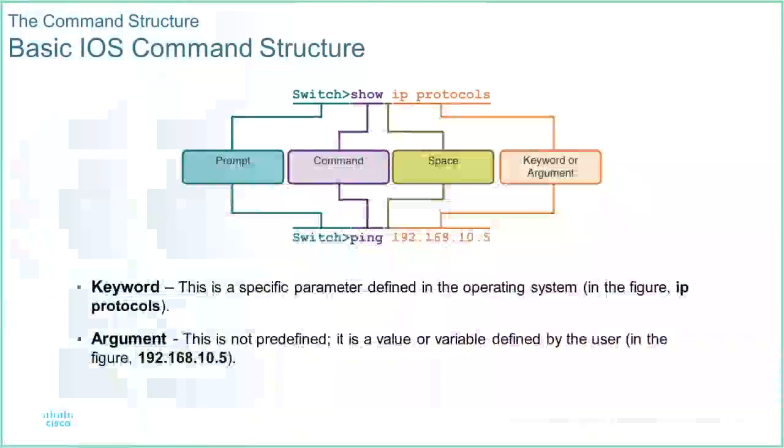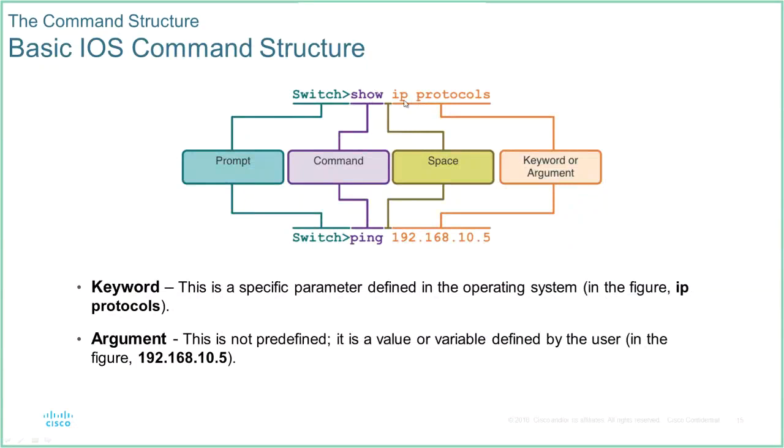So how does the structure of the commands work? Well, you start off with the device prompt. Then you have your command, then a space followed by any keyword or arguments afterwards. So basically the commands show what part of the show command do I want to access.